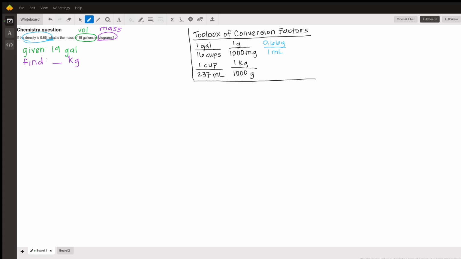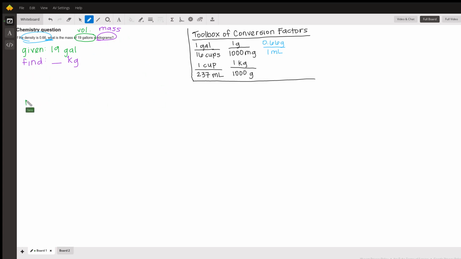So what we were given was the 19 gallons, so let's go ahead and start with that. 19, so now we're going to do our dimensional analysis. So we were given these 19 gallons to start out with. Actually, I should probably move that down lower so that we don't run out of space.